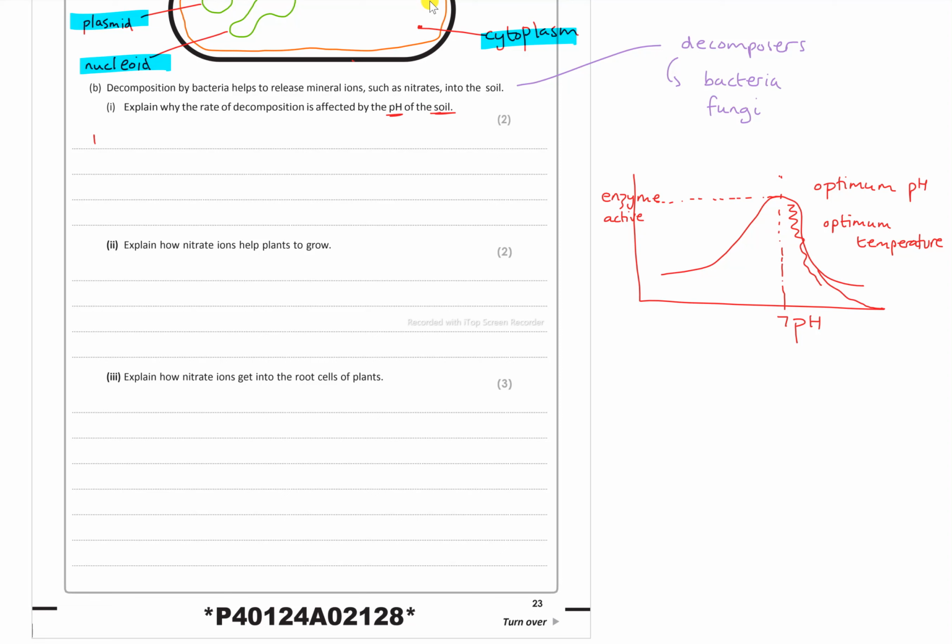So we can say the enzymes will have an optimum pH to work at.